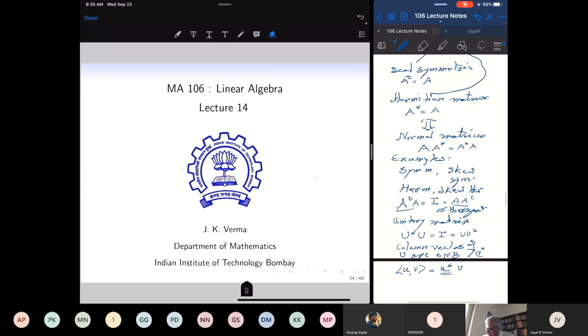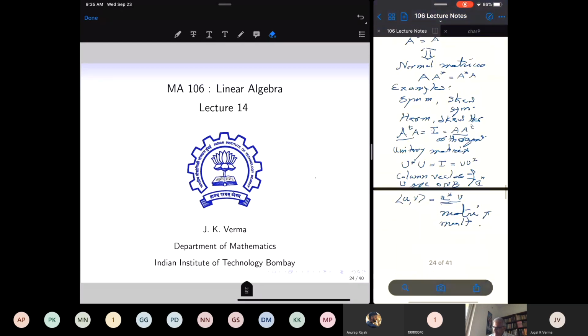So you take U star times V, this is a matrix product. You can multiply a row vector and a column vector which have the same number of components as matrices. So that is the inner product we consider. This is also called the Hermitian inner product on the n-dimensional complex vector space.